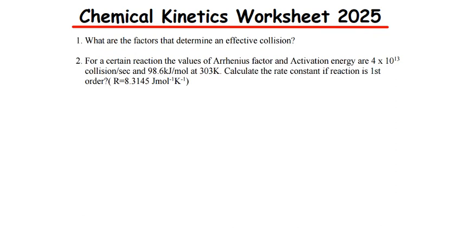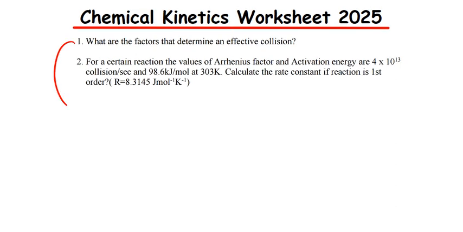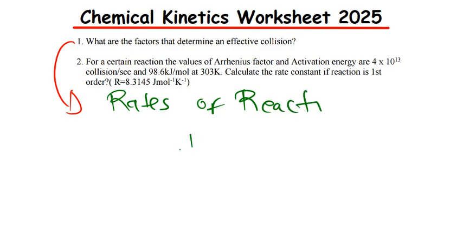Okay, so if you are part of the people that have watched my topic on chemical kinetics, you would understand that we define chemical kinetics to be the study of the rates of reactions. Not only the rates of reactions, but also the reaction mechanisms.